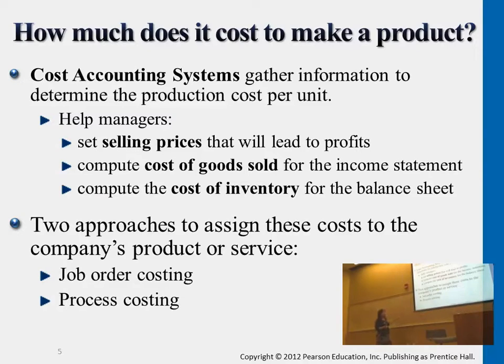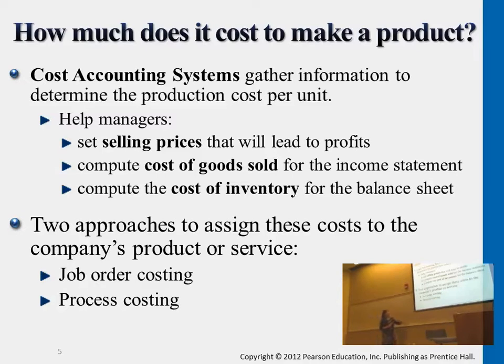So this information is important to help managers set the selling price and also to help determine the ending inventory's value, and the value of the goods you sold to the customer. Three main topics: set the price, determine cost of goods sold, and determine ending inventory's value. That's the goal for understanding all this.